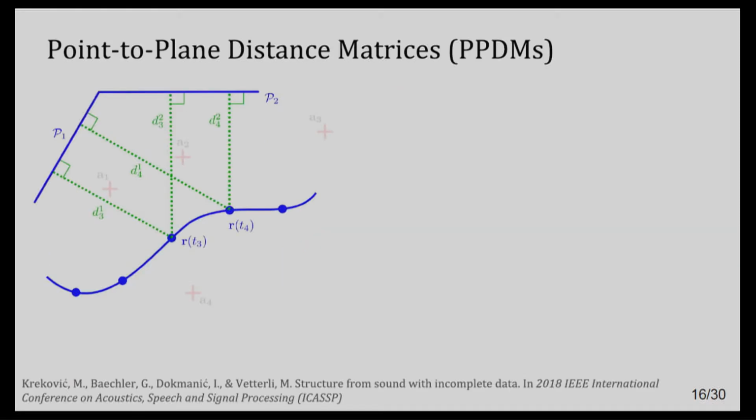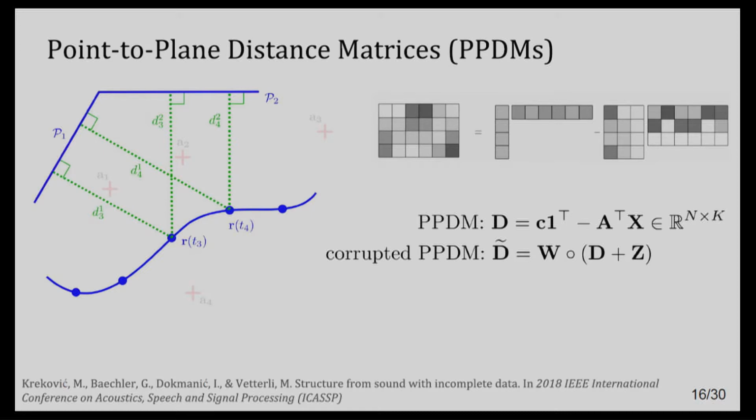What she introduced is a tool called the point-to-plane distance matrix, which basically captures the distances between the walls and each point. You can write it as a number of walls by number of points matrix.